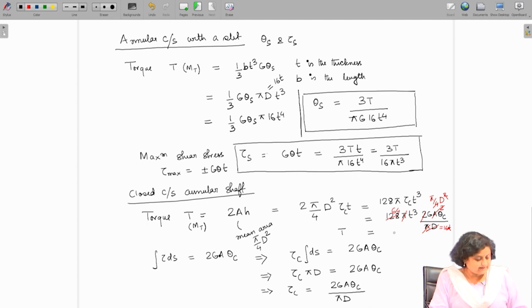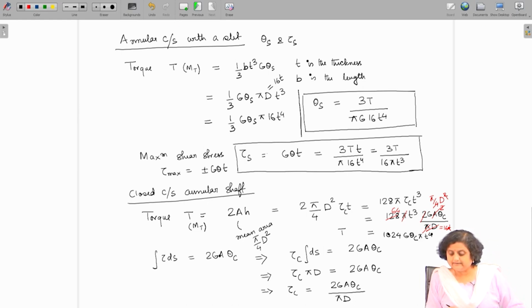So, if we write it in terms of torque, it is going to be 1024 G theta c into pi into t to the power 4.